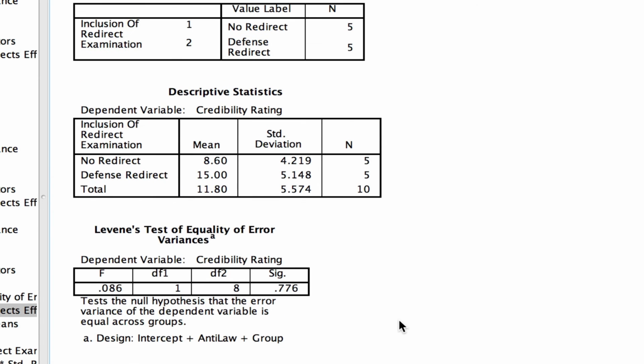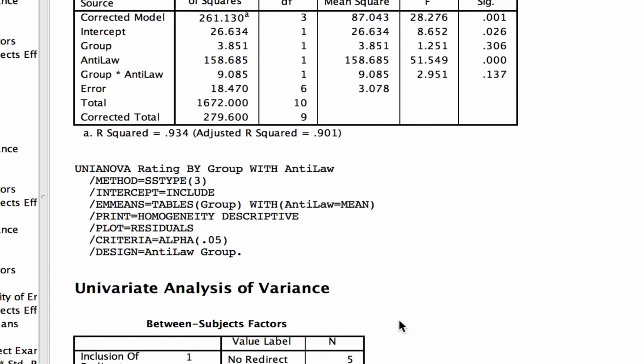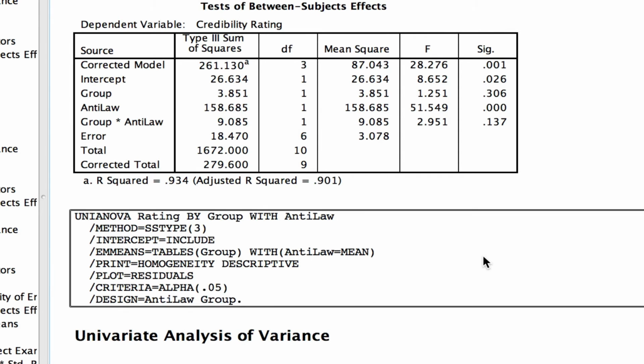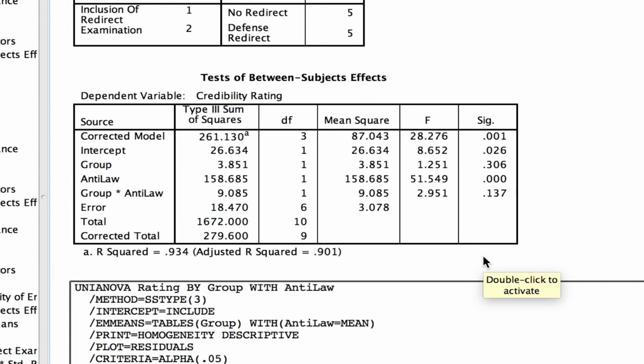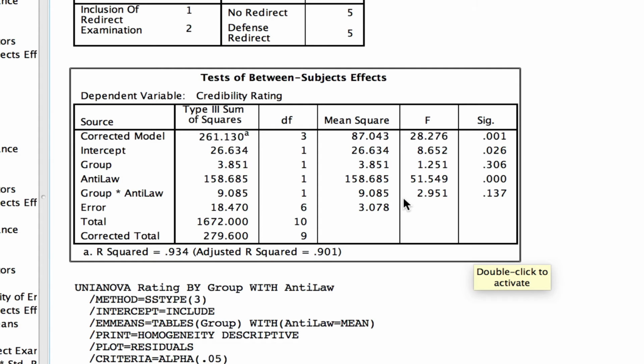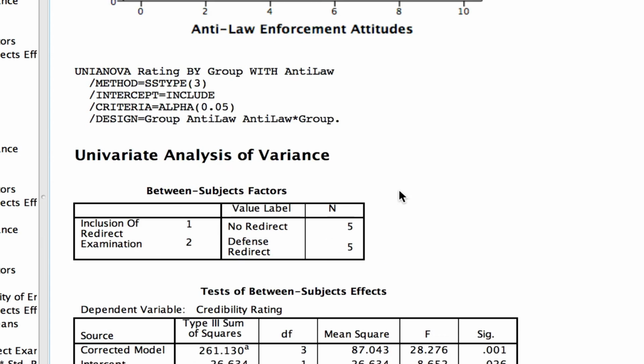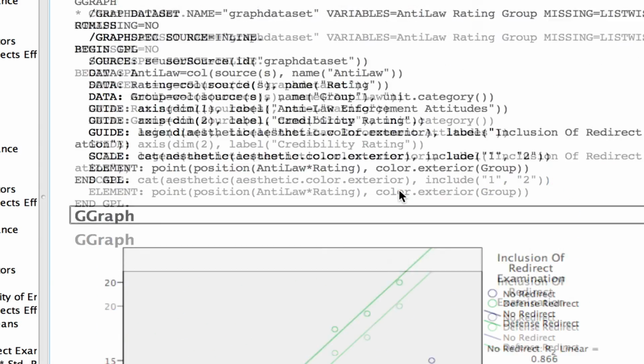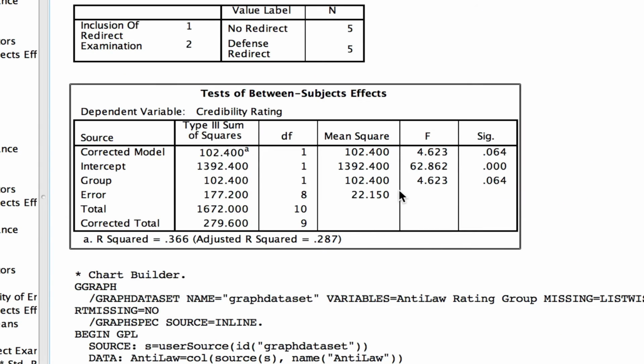If we go back to our regular ANOVA, we see that there's about 10 times more error, and our experimental effect is about the same size. So if there's more error, then obviously our F value is going to be smaller, but we've reduced the error. So that's what ANCOVA is good for.